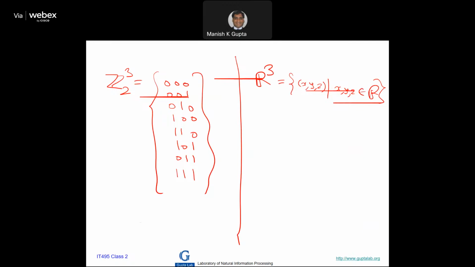So basically, if I take the vector 0, 0, 1, this is nothing but 0, 0, 0 and 0, 0, 1. This is our one-dimensional subspace, right?